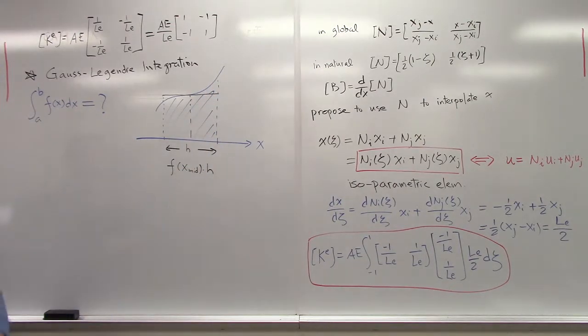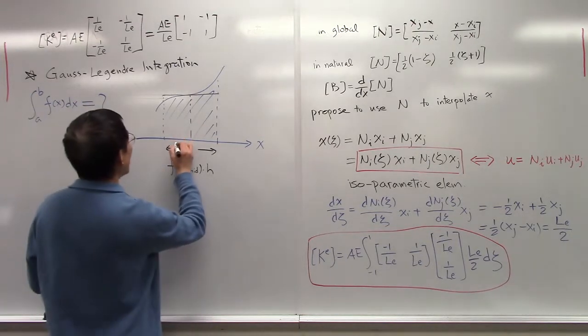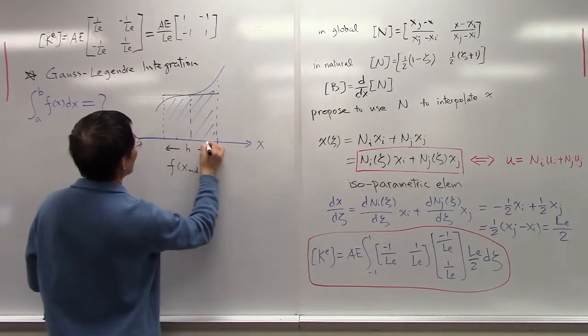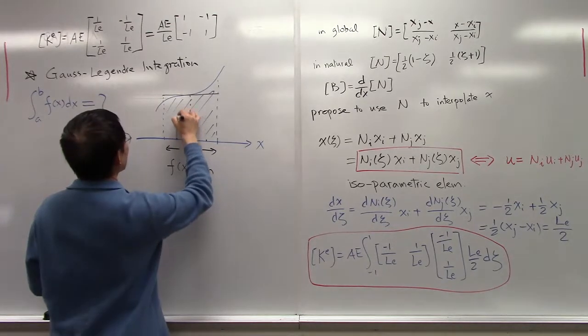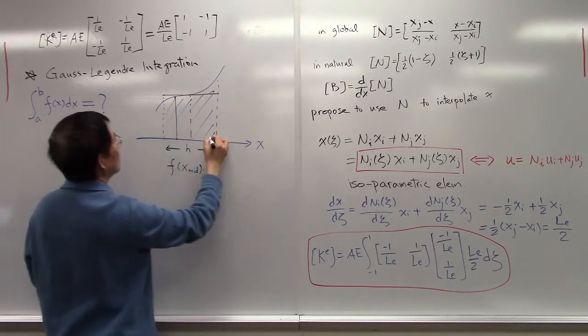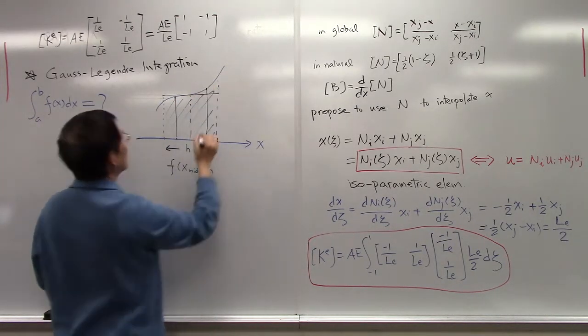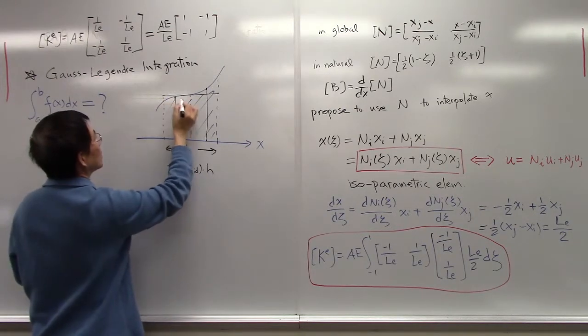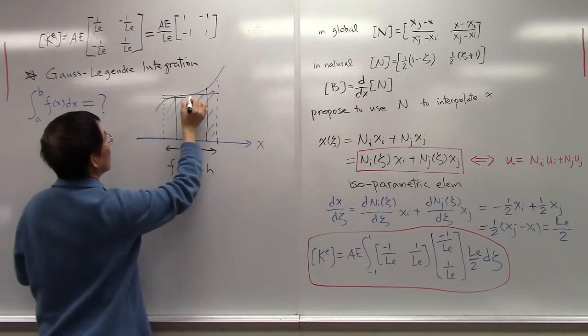Okay, if I desire to improve the accuracy, I can add more points. Maybe I can make 1 point here, 1 point here, and measure the length. Now the length is here. This length is here.